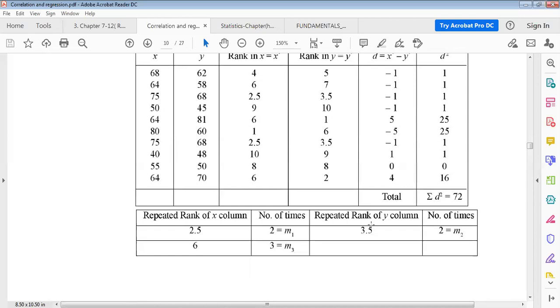For the Y column, 3.5 is given twice, so m2 equals 2, with m1 and m3 for the X column.